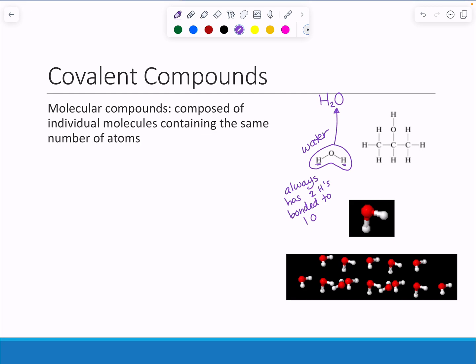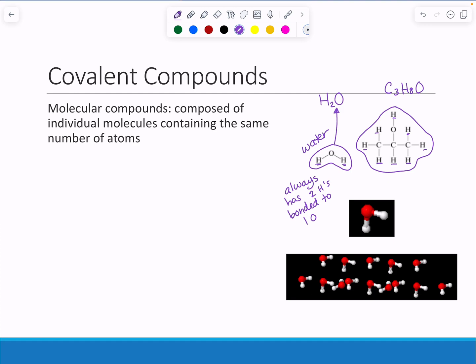All right, now for a molecular compound, we're going to have a certain ratio of the different elements in our compound. So if we look at this compound over on the right, we have 3 carbons, and then we have 1, 2, 3, 4, 5, 6, 7, 8 hydrogens, and we have 1 oxygen. So we could write the formula for our molecule based on, again, the number and types of atoms that are there.